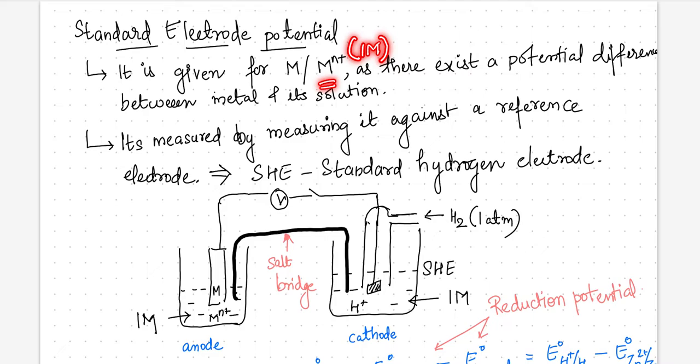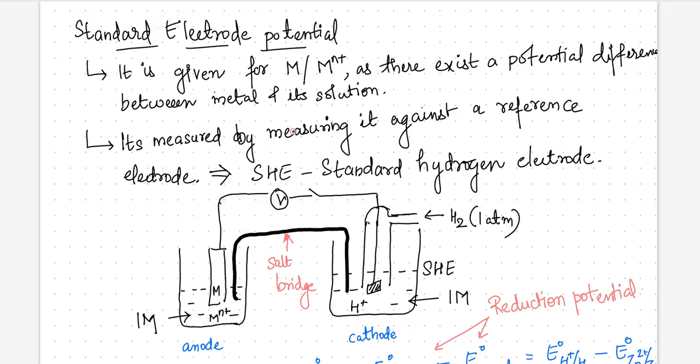So when we have a metal electrode dipped in its corresponding metal ion solution of 1 molar concentration, the electrode potential that we observe for this system is referred to as the standard electrode potential.